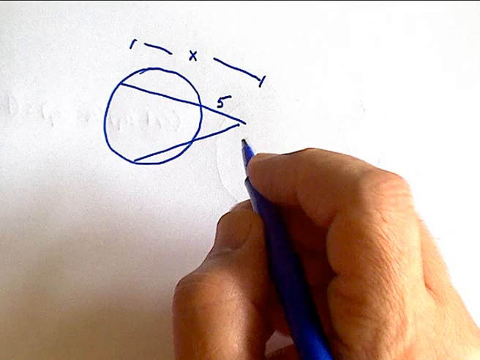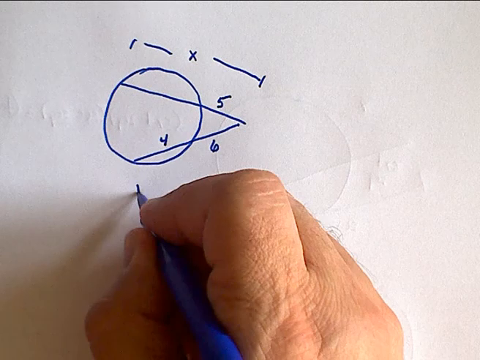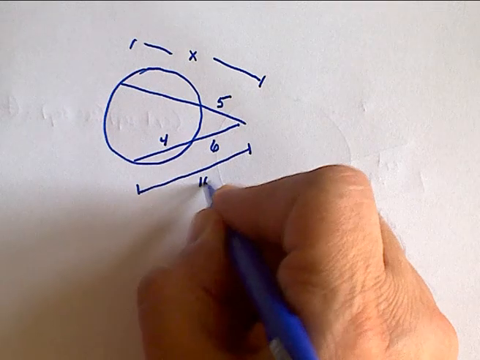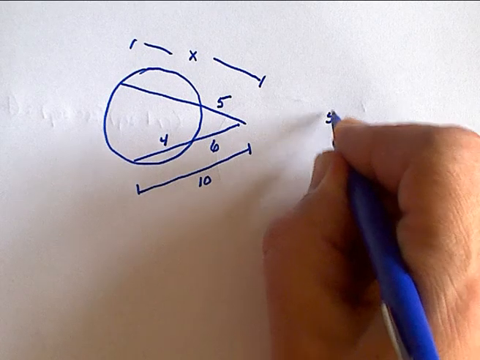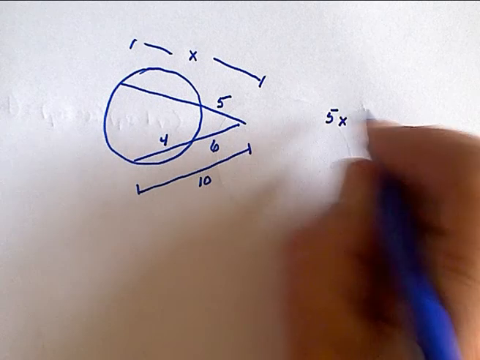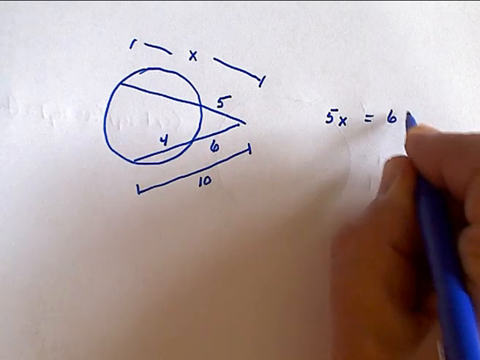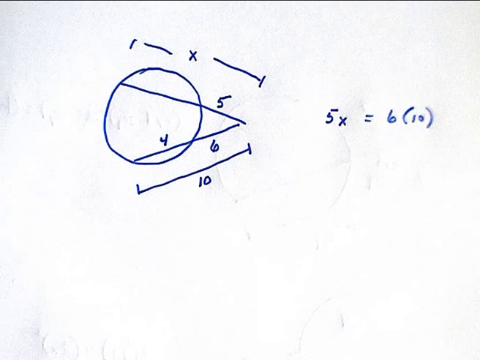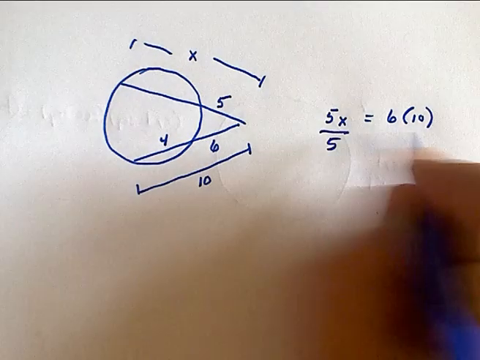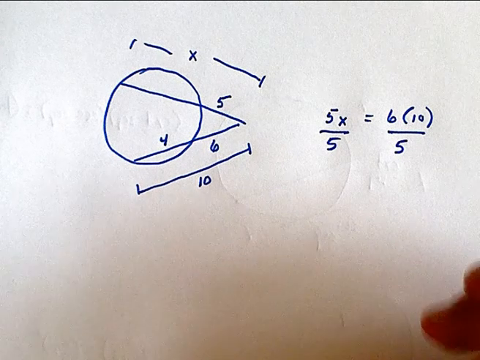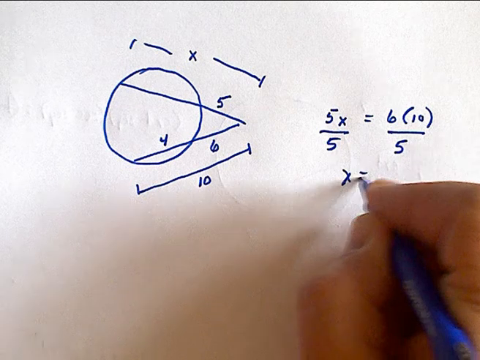I got an external piece of 6, internal of 4. So this secant segment is 10. Multiplying here, this becomes 5 times X, external times secant segment, equals external piece times secant segment. Okay, divide the 5 over. Oh, that one was too easy. So you get X equals 12.